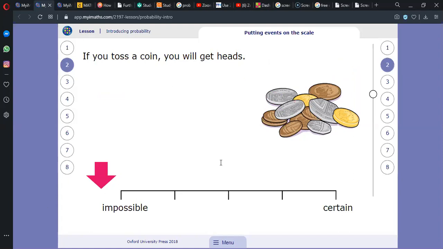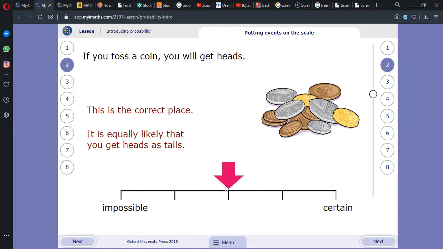So on the probability scale, it's going to be an even chance. They are equally likely to happen. So for you to get heads, it's an even chance. This is the correct place and it's equally likely that you get heads as tails, just as I've explained.